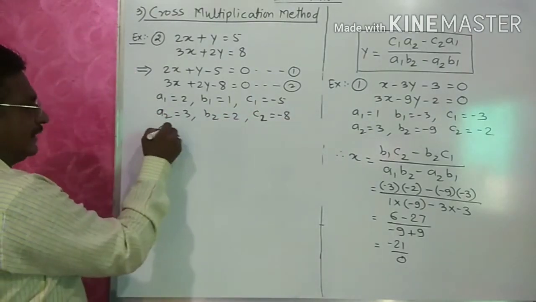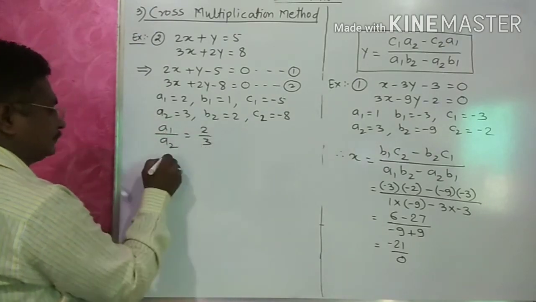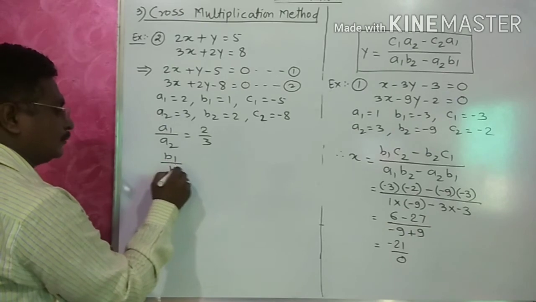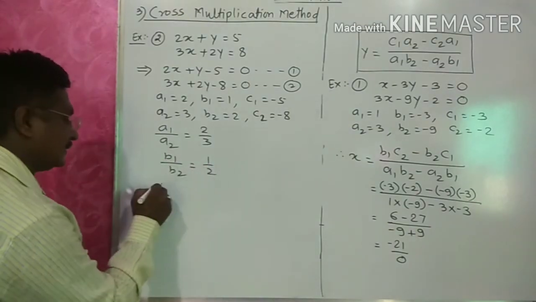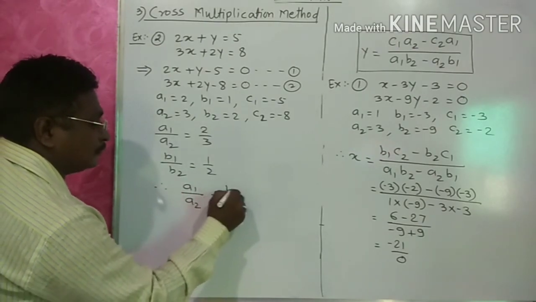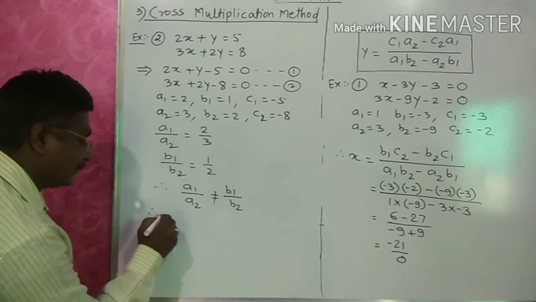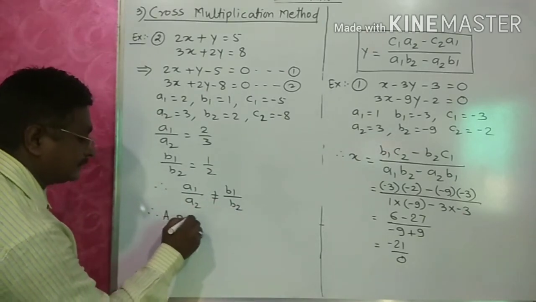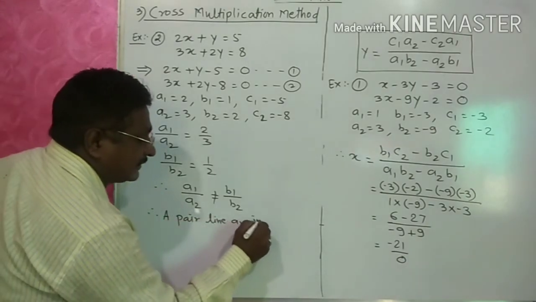So check it. A1 by A2 is 2 by 3. B1 by B2 is 1 by 2. So what can we say? Therefore A1 by A2 is not equal to B1 by B2. So what can we say? The pair of lines are intersecting.